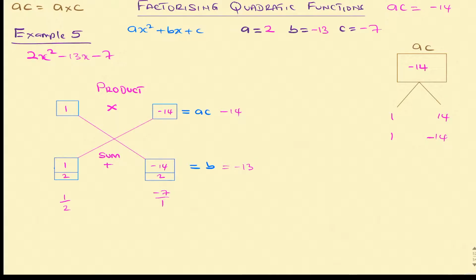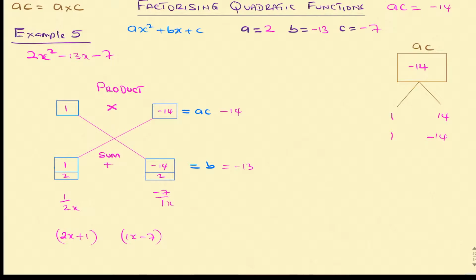The bottom box denominator is our x, so our factors will be 2x plus 1 and 1x minus 7.